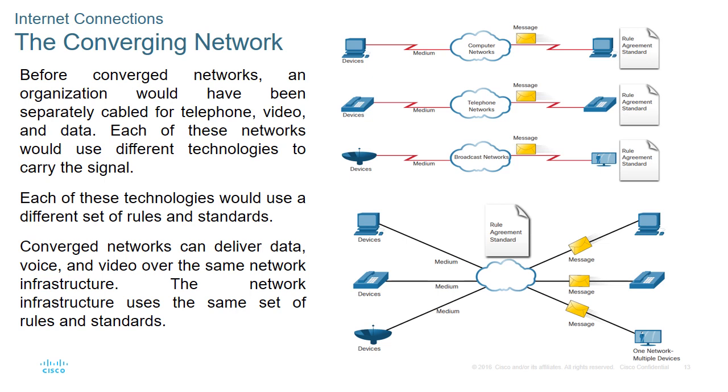So a converged network is a single network which provides different types of services: a data service, voice service, video service. So one network can provide multiple services. Also, the network infrastructure of this converged network uses the same set of rules and standards to manage all the types of devices. So this is an added advantage in the converged network.